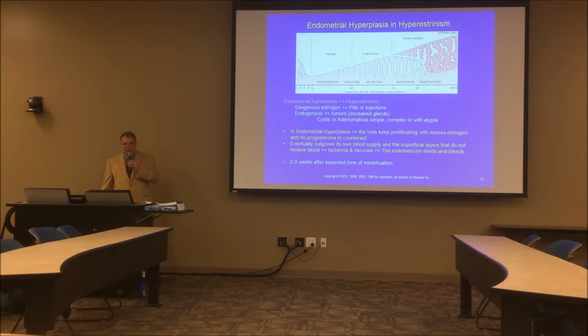So this is what happens with the endometrium, that the estrogen and progesterone phase never sheds for regression as normal and then having menstruation, but excess estrogen just follows and increases the tissue of that endometrium, considering a hyperplasia.